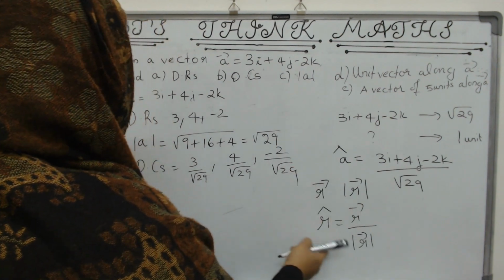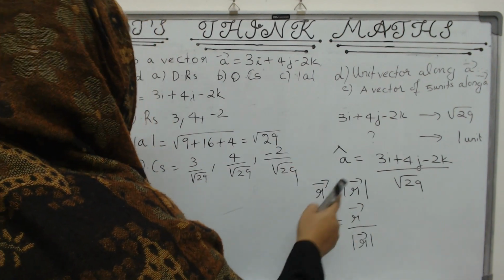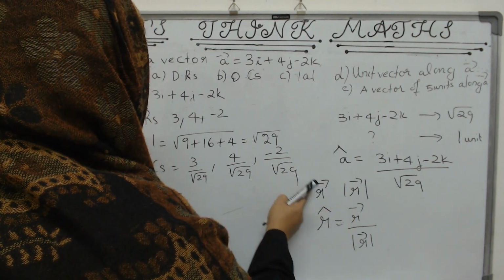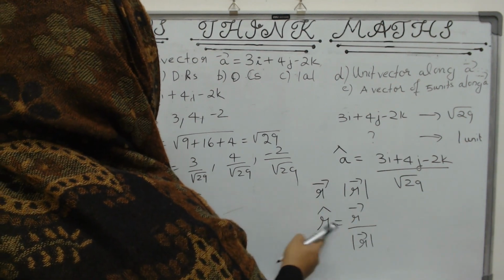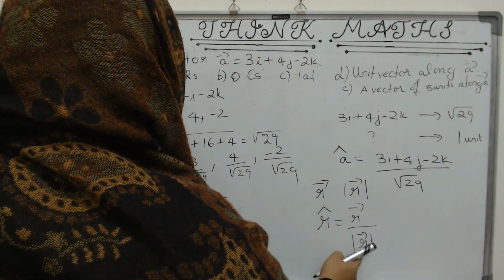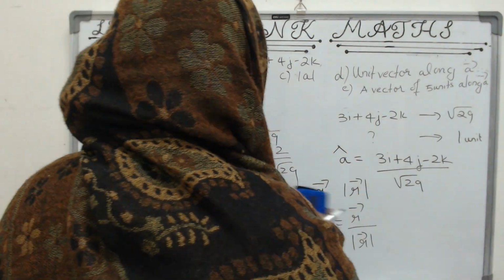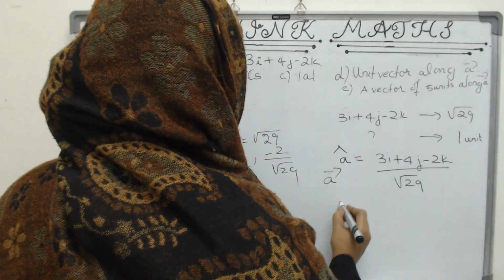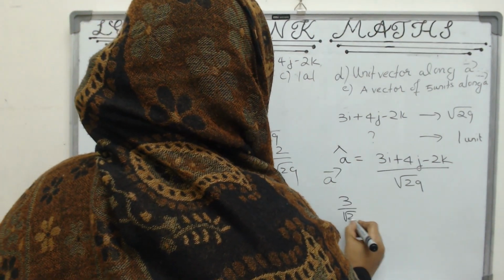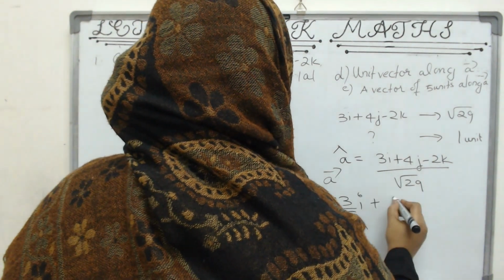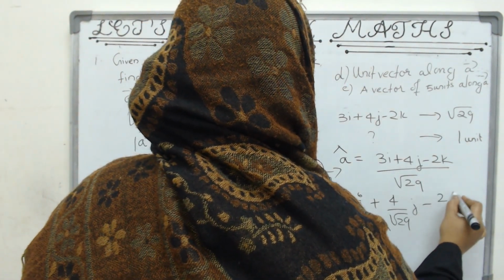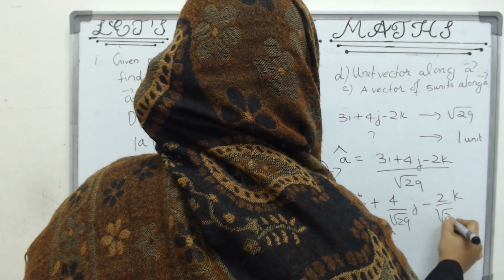Now this is again a vector. It has a direction. What direction is it? Its direction is the same as this R. But what is it? It is R divided by this one. So this would be a unit vector along A. Would be what? 3 by square root of... But then, did you notice what this is?